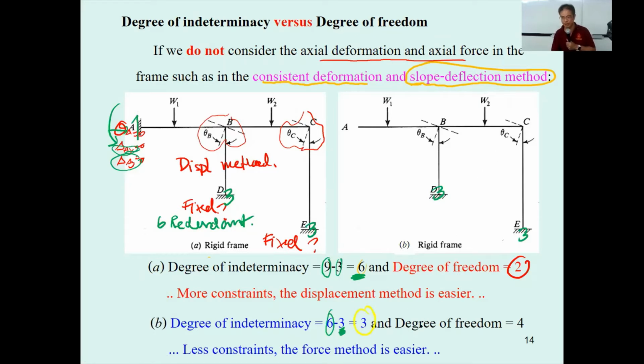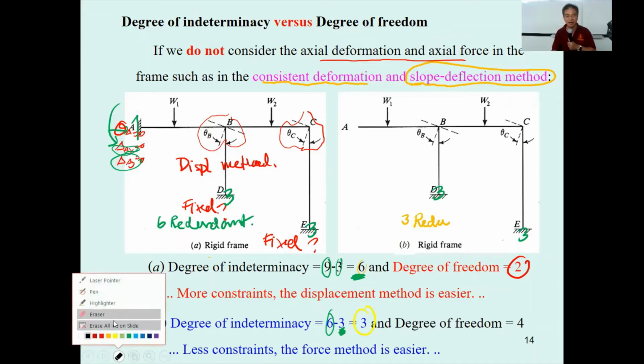So you have 3 degrees of indeterminacy. That means for this problem, you require only 3 redundant. I wrote this one wrong. This one is redundant force and moment.